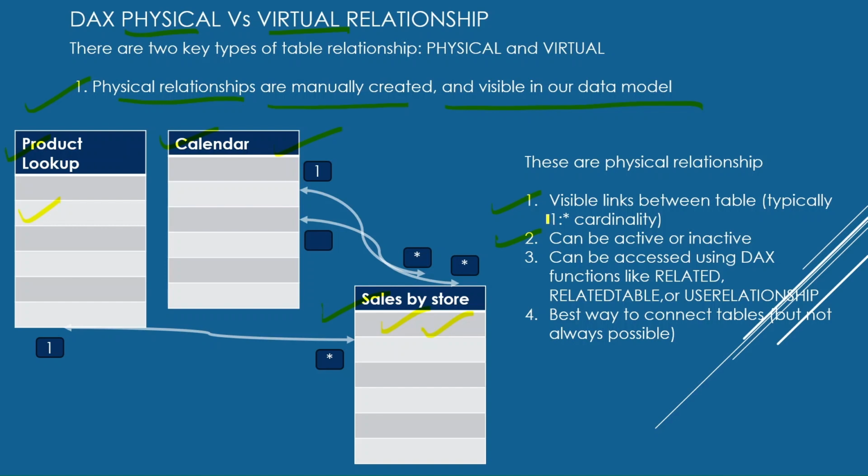Sometimes we create an active relationship between tables, and sometimes we create an inactive relationship. Most of the time we use active relationships, but there could be certain cases when we need to use an inactive relationship, for example during the creation of a DAX measure or calculated column.